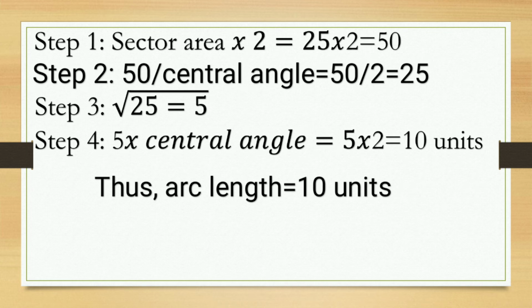Step 2, 50 divided by central angle equals 50 divided by 2 equals 25. Step 3, square root of 25 equals 5. Step 4, 5 times central angle equals 5 times 2 equals 10 units. The arc length is 10 units.